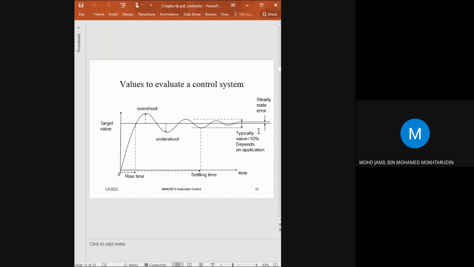For example, if you do FYP related to control system, maybe later or now, and your supervisor asks you to tune a PID controller, then you will tune it so that the time response will have no overshoot, zero rise time, and also zero steady state error. So you need to keep tuning until you get the time response that you desire.